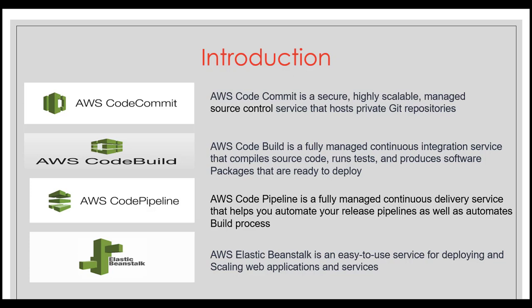In this complete series, I'll be taking an example of a live application wherein we'll be deploying that live application on Elastic Beanstalk using the above services. Elastic Beanstalk is an easy to use service for deploying and scaling web applications and services. So that's it from the introduction. Let's move into the second part wherein we'll start with AWS Code Commit.